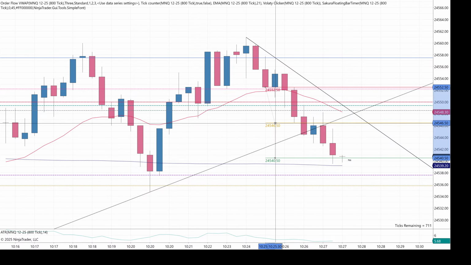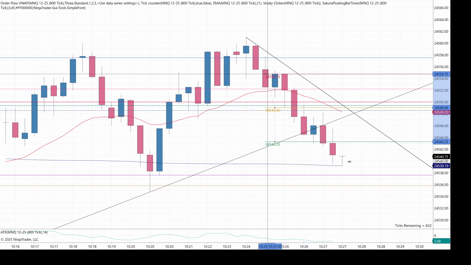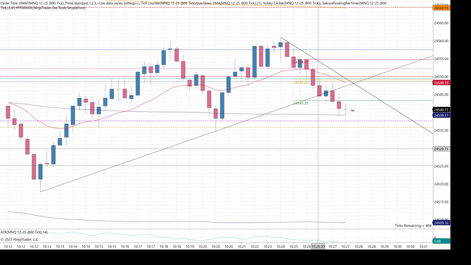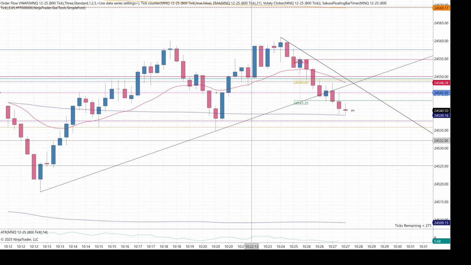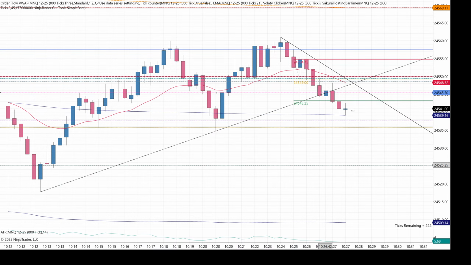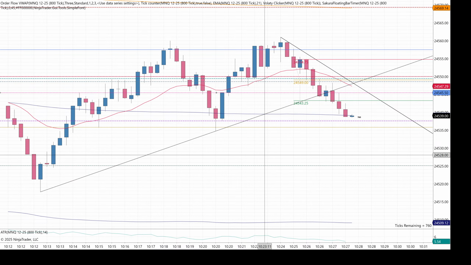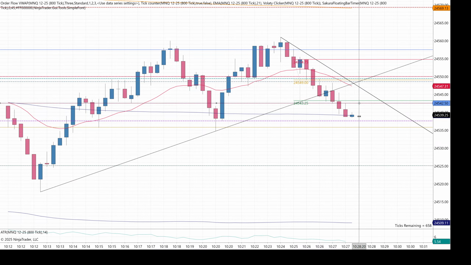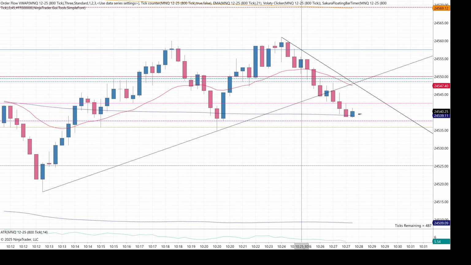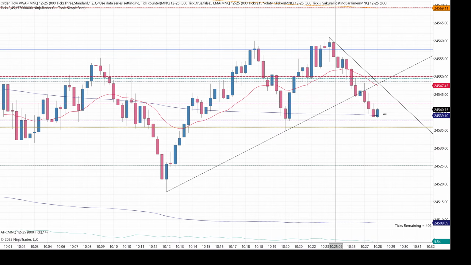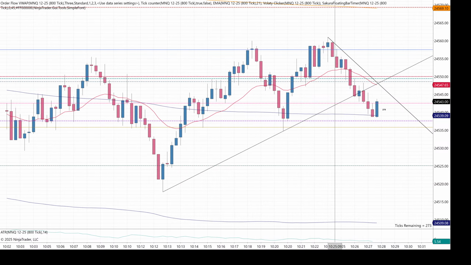But man, would have been this trigger. And it just hit target. I wouldn't have taken it anyway. So the runner's running. Okay, runner's out.